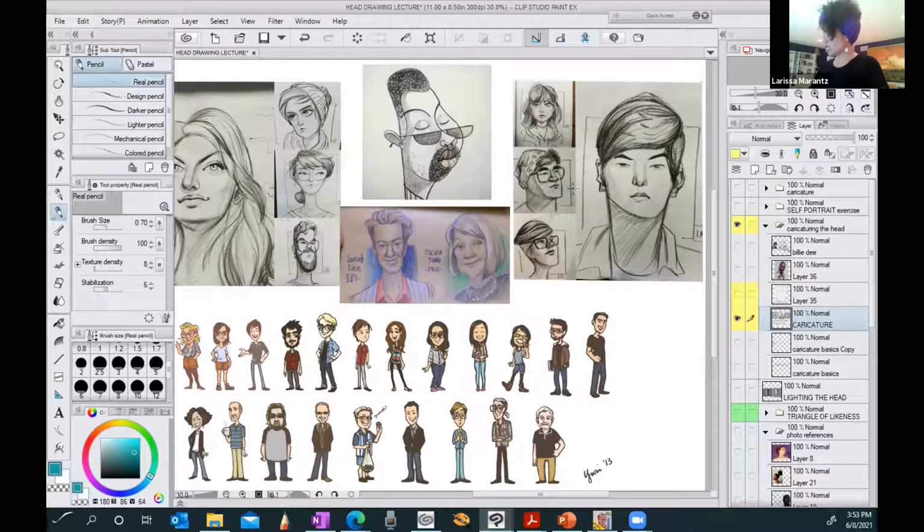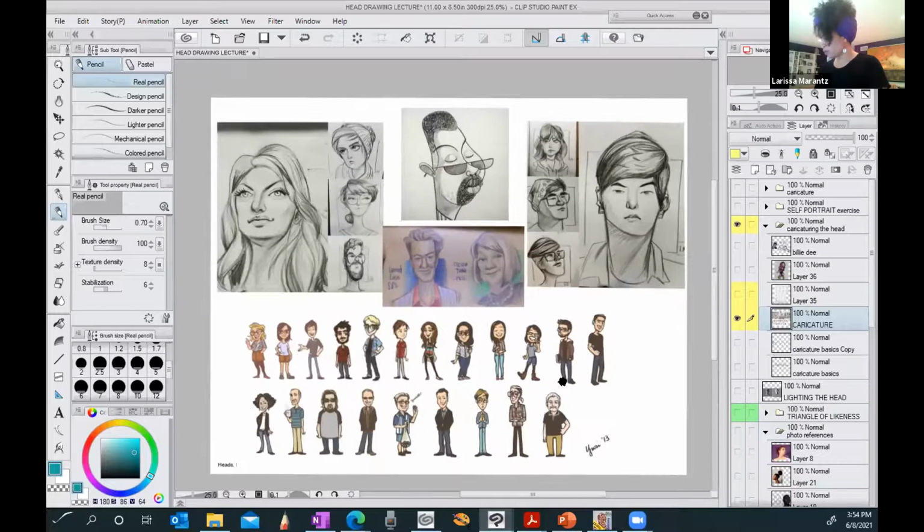And also utilizing the linear aspect to create the tonal form, to create the zygomatic arch, the jaw, the corner of the jaw, the underside of the chin.